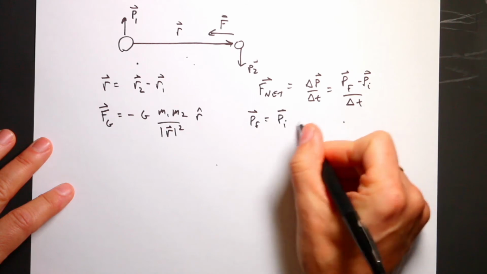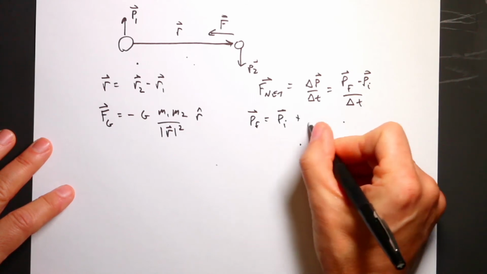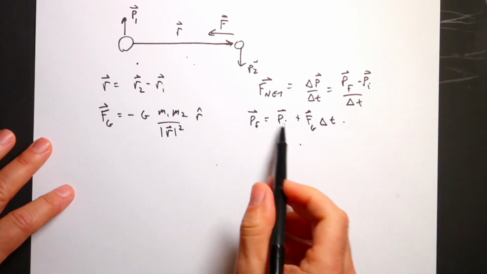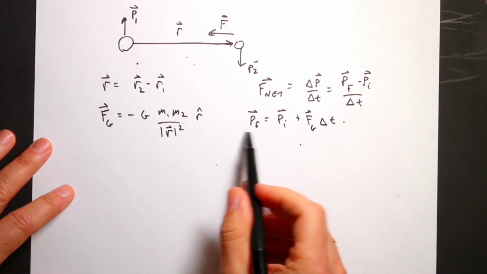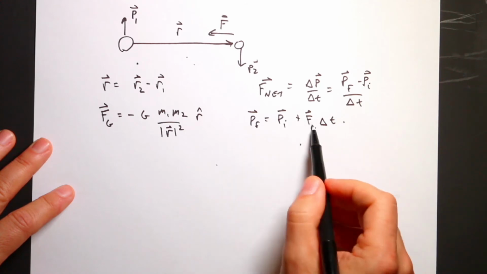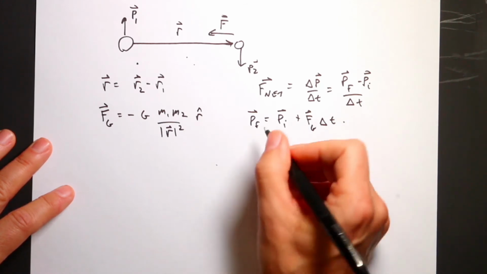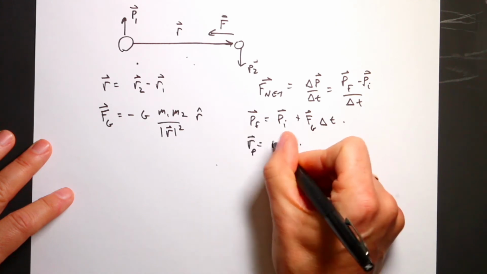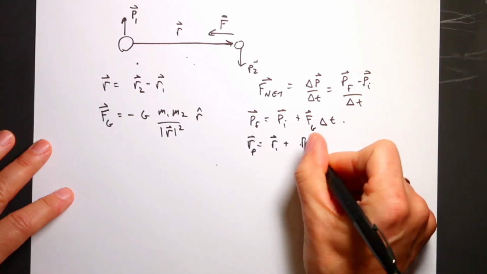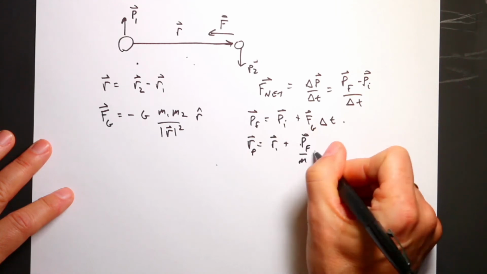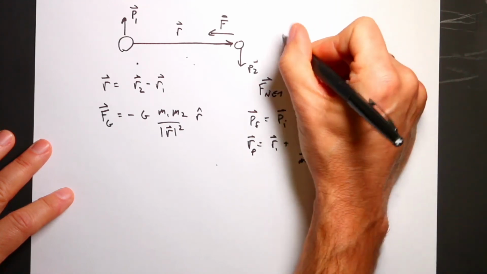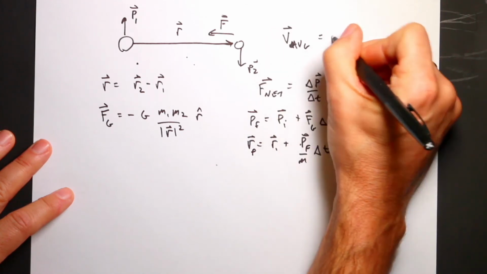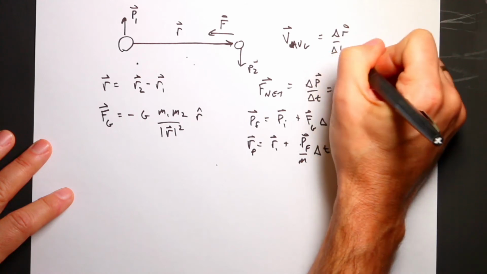It's P initial at the beginning of the time interval plus F net, which is only Fg, times delta T. So I can take the momentum at the beginning of the time interval and find the final momentum by assuming this is constant, which it's not. And then I can do the same thing for position. R final equals R initial plus P final over m, which is the velocity, times delta T. And that comes from V average is delta R over delta T.